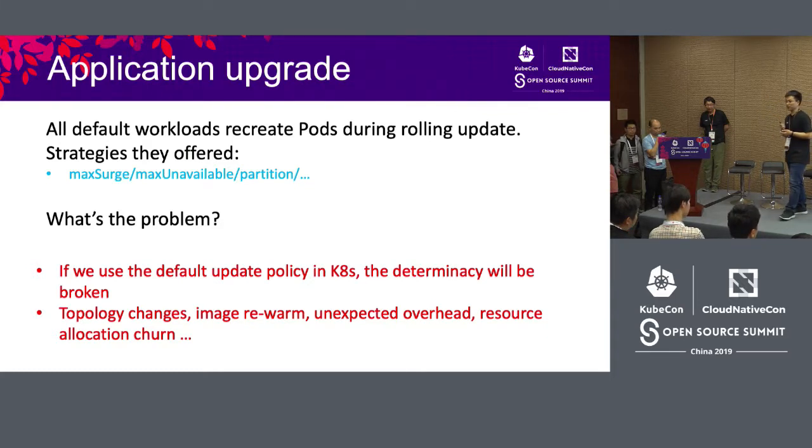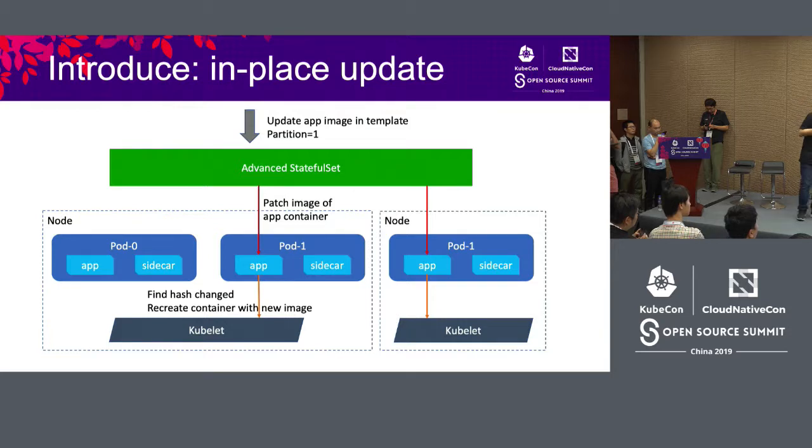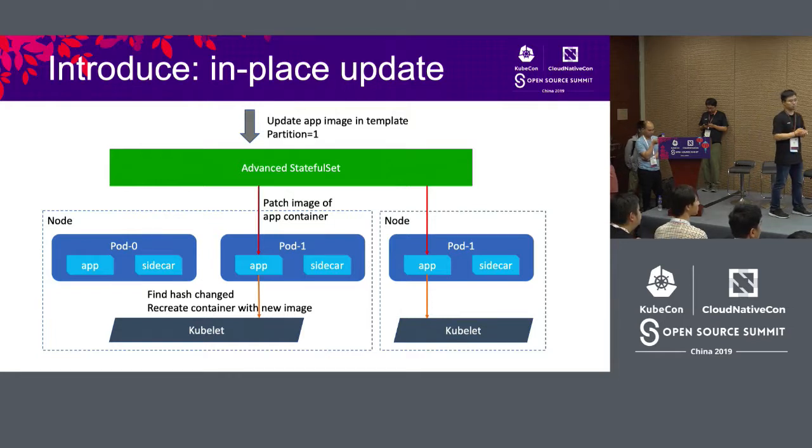Pod migration breaks our expectation of the stability of the pod. So we developed what is called an in-place update. When releasing, we can upgrade the container on the very same spot instead of recreating a pod.